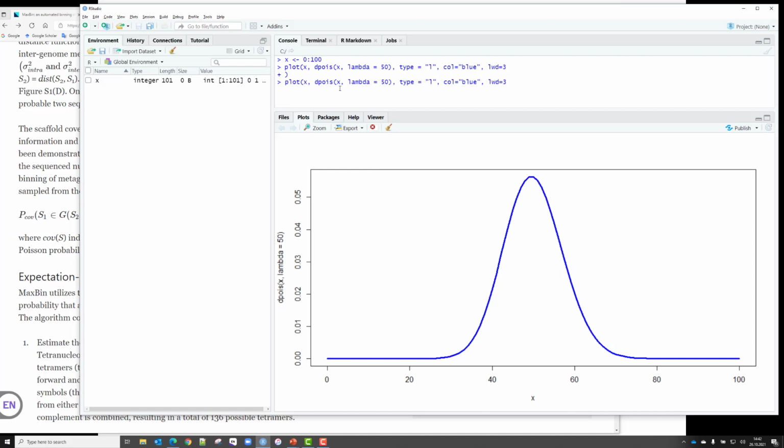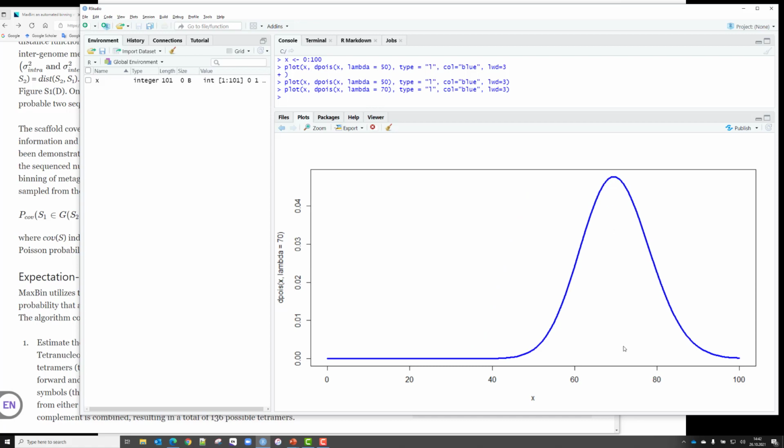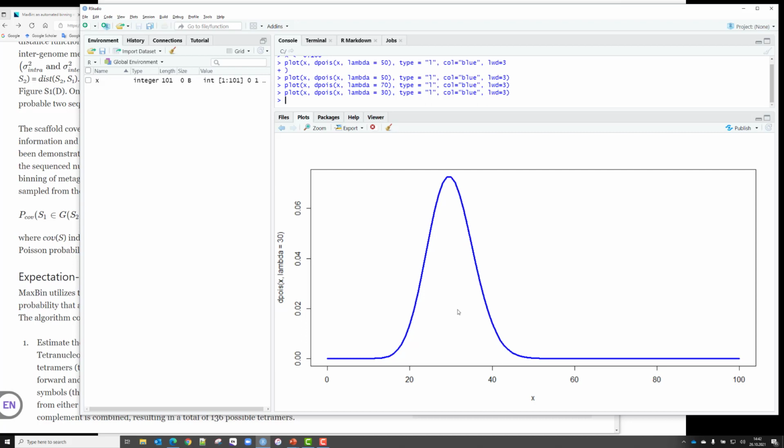If I change the lambda value, the expected value, for instance, to 70, it moves to 70, right? Or if the coverage drops to 30, it moves down here, and you can see the variance shrinks as well. This is typical of the Poisson. The point is now that this value here that decides where the peak appears is the coverage for the S2 contig.